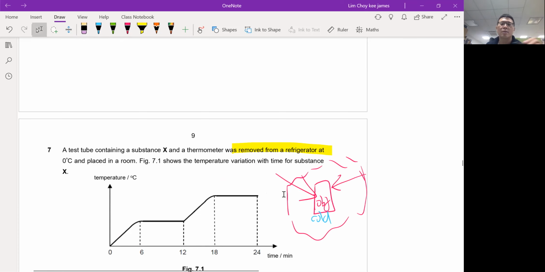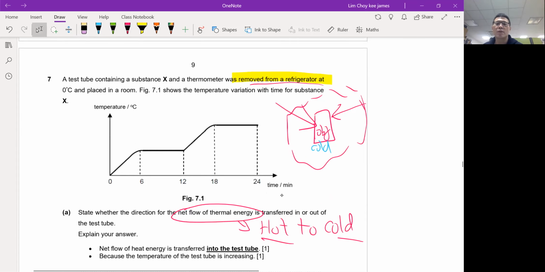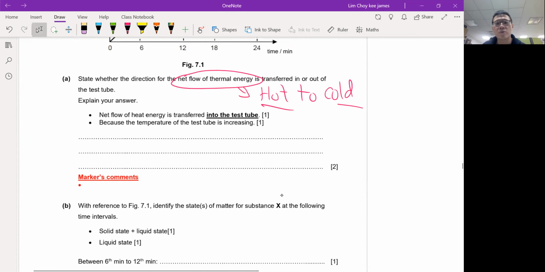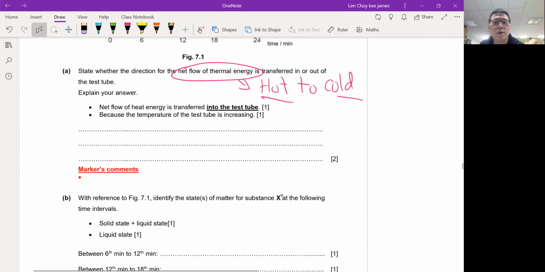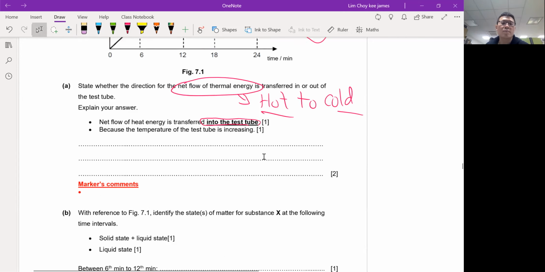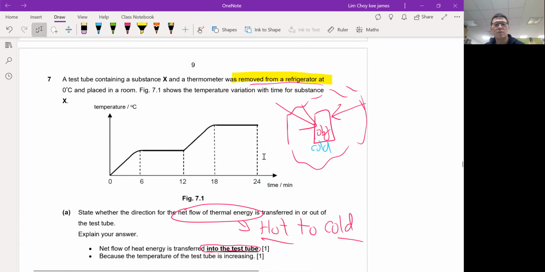This is based on the clue that is given, removed from the refrigerator. So I know that the direction of flow is towards the test tube. One of the other hints is the graph, where you'll find that the temperature is rising. Which means the object, being colder than the environment, will absorb heat from the environment. And when it absorbs, the outcome is the object heats up and the temperature increases.